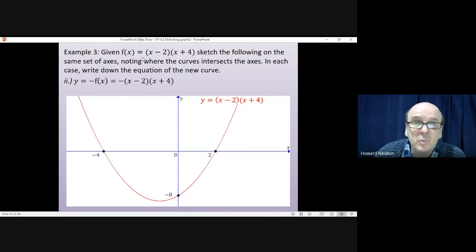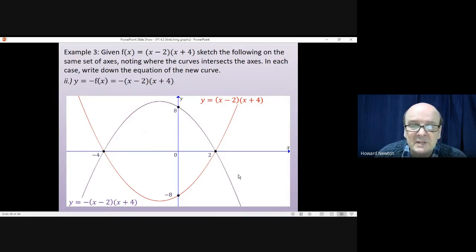In terms of the equation, the new equation will just be the original one, but with a minus in the front. And 8, that's where minus 8 will reflect up to. So it'll go through minus 4, 8, and 2. It's an upside down quadratic now. We'd have minus x squared if we multiplied out those brackets, and you would get something that looks a little bit like that.